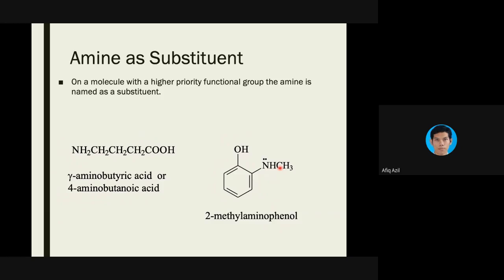So in this case, the name will be 2-methyl aminophenol. So why 2? Because the numbering in this benzene ring will start at carbon number 1 at this OH. So the C-OH carbon is labeled as carbon number 1, and this carbon will be carbon number 2. Methyl amino, because you have methyl bonded to this nitrogen. So methyl aminophenol, 2-methyl aminophenol.